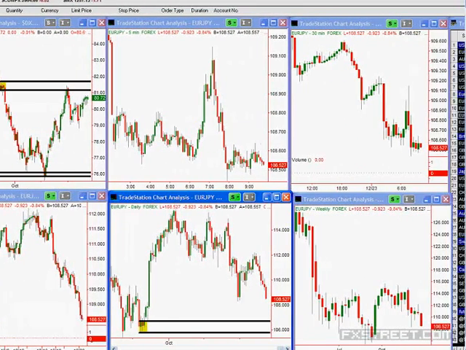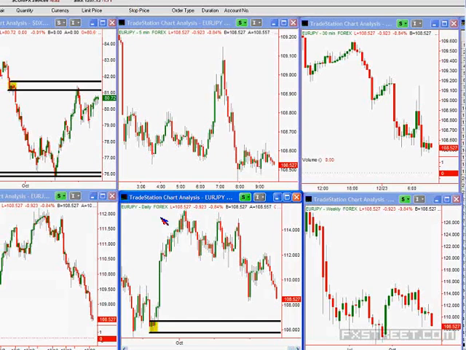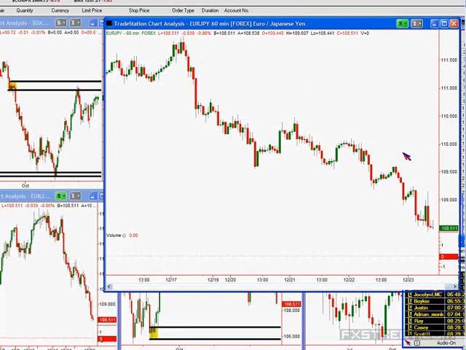How about this? Hold on just a second. Right now we're looking at Euro Yen. Yeah, there's some fresh levels, but they're so much higher, it's not even worth putting them on right now. So there's fresh levels at, I guess, 109.50.